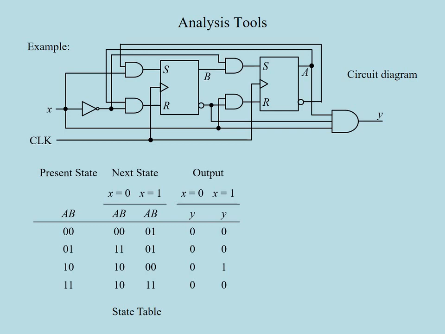On the other hand, for X equals 1 and A equals 0, the S input of the B flip-flop will be 1 and its R input will be 0, causing its state to go to logic 1 level during the next clock pulse. Therefore, if the states A, B are 0, 0 and X equals 1, the next state will be 0, 1, as we read from the third column of the first line of this table. You can check the whole table in the same way by yourselves.